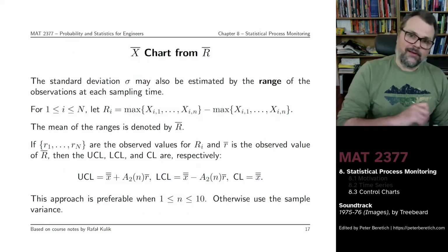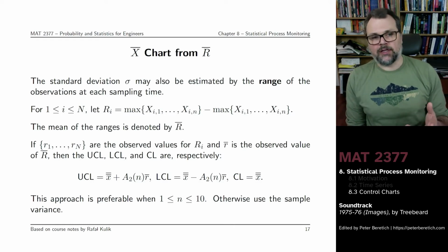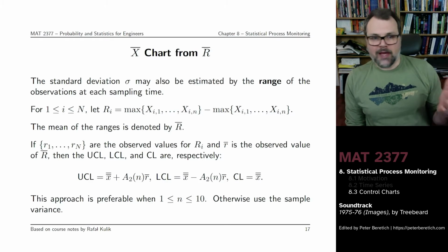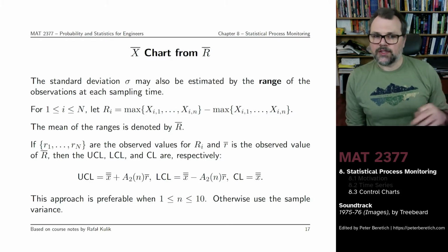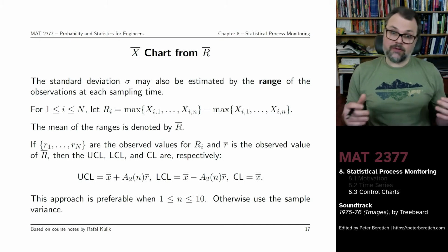You can produce charts for the sample mean using other measures of the spread in your distribution. We've talked about how you may approximate the standard deviation by the range, or at the very least how the range can provide you with some measure of the spread.